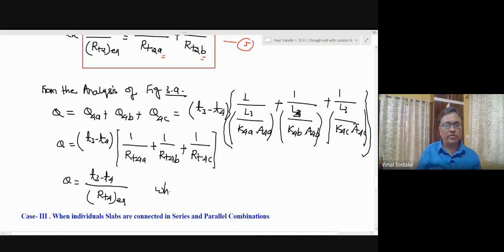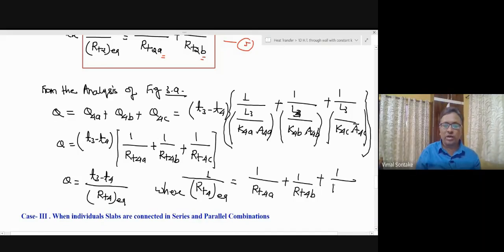Where what is RT4 equivalent? So 1 over RT4 equivalent will be equal to 1 over RT4A plus 1 over RT4B plus 1 over RT4C.